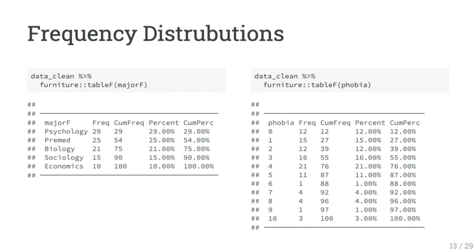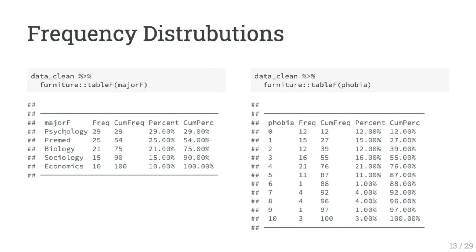Next step is to look at the frequency distributions. To do this, one way is to use the table F function from the furniture package. So we can pull from data clean, our cleaned data set, and then put that into table F and just tell it the variable we want to look at. In this case, major F is the variable. So major F, so one of those that we just cleaned and we gave labels to and told R that it was a categorical variable.